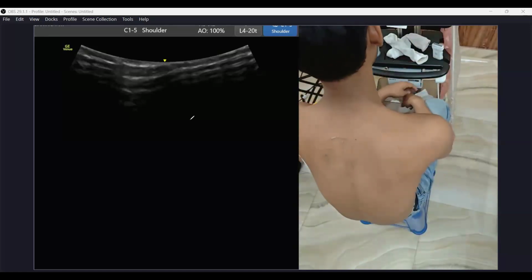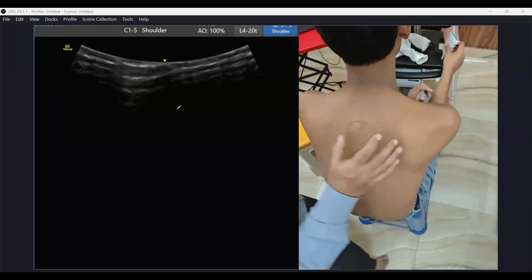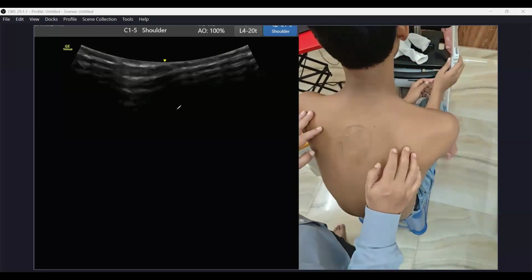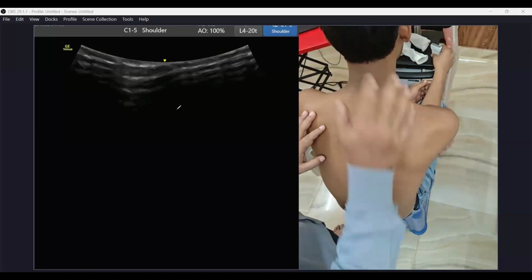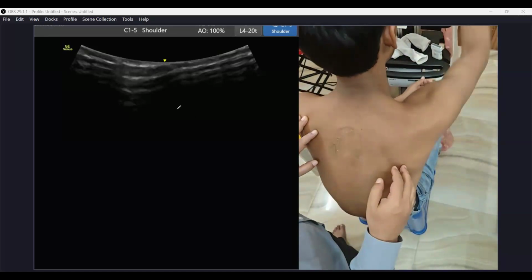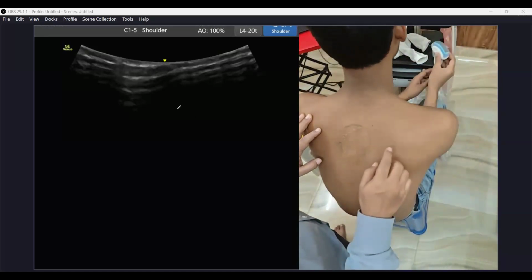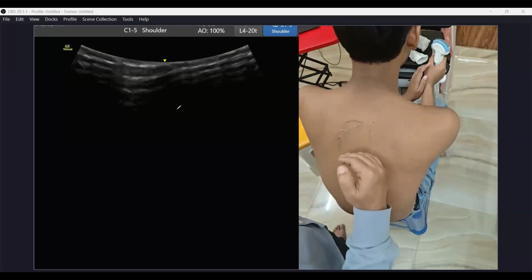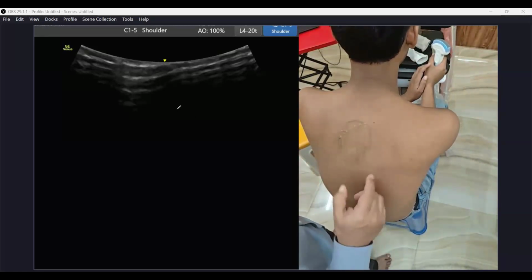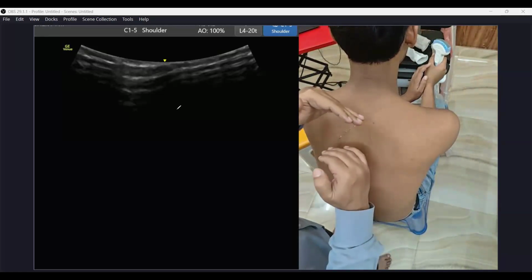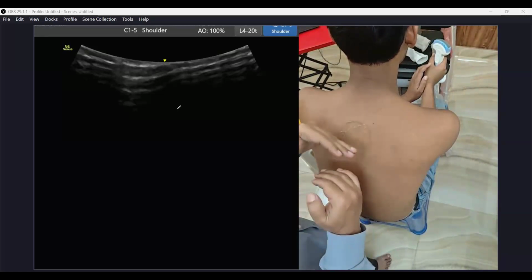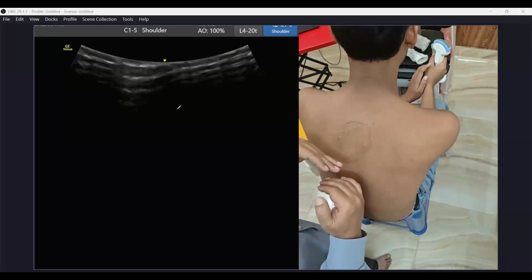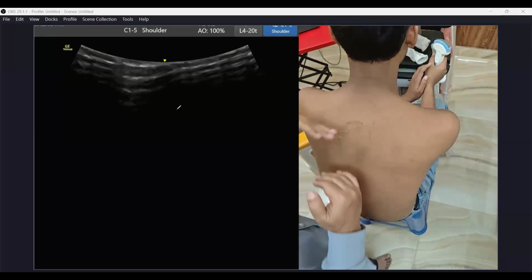Now I will show you the transverse process in the transverse section. So I will show you the transverse section. In transverse views, there are two views. Either I can put the probe in between two laminas, or I can put it over the lamina.